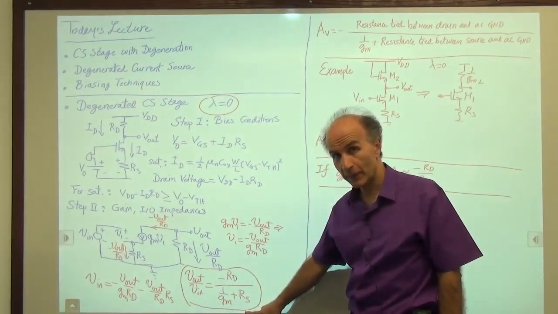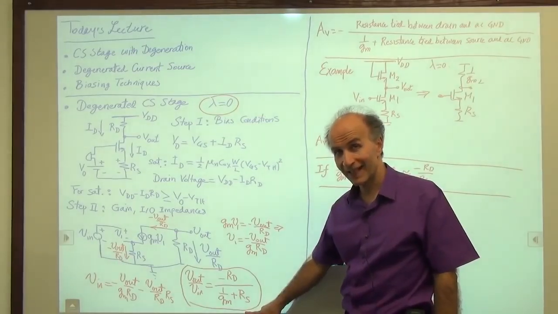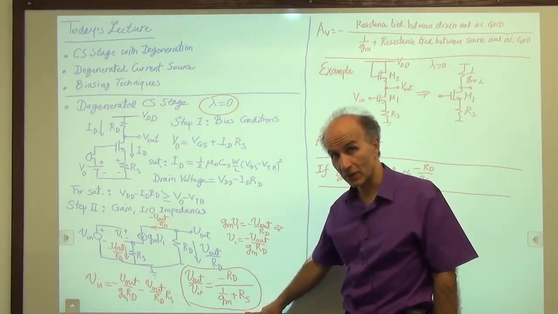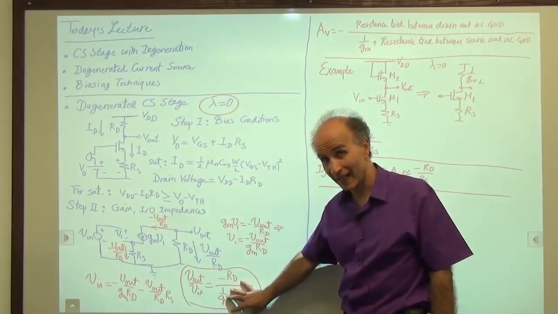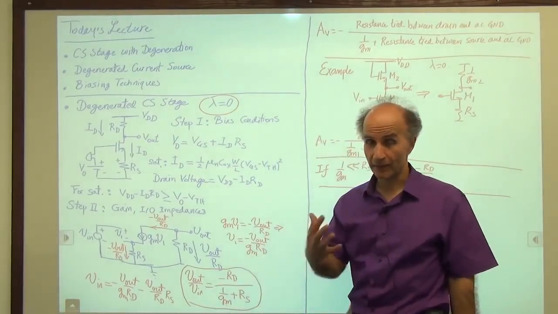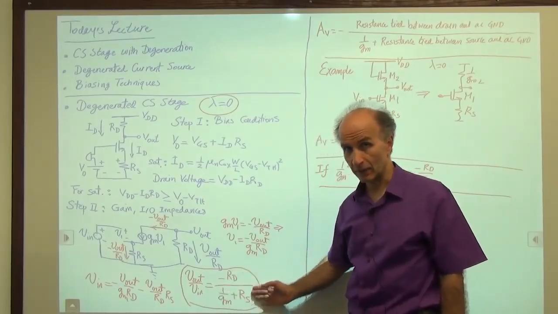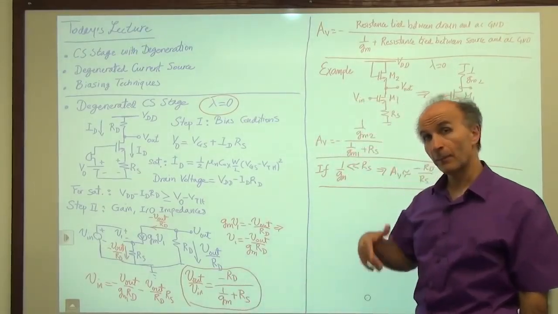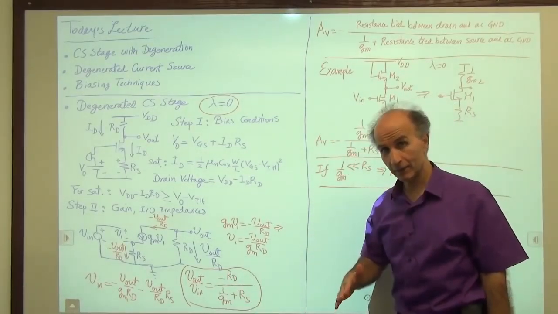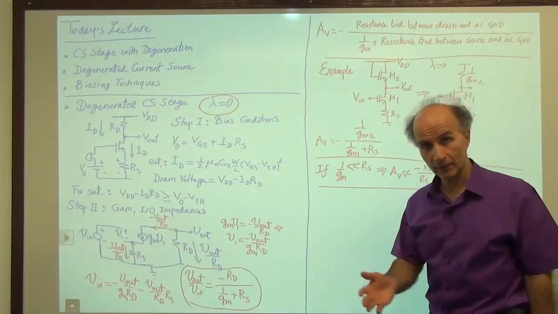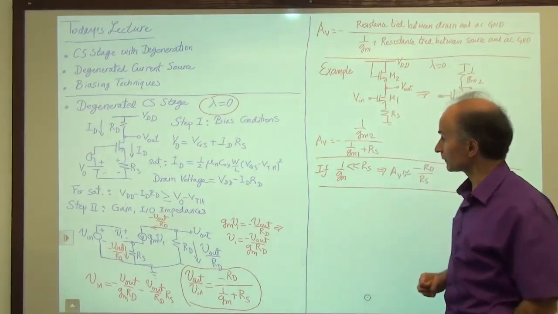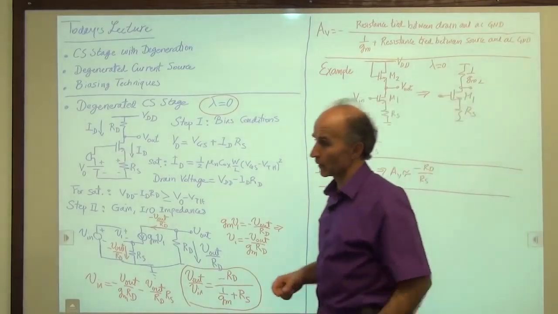So the price that we pay in making the circuit less sensitive to those variations is a reduced gain. That's a fact of life. That's a trade-off that the engineer has to make when designing the circuit. The gain will be lower, but the circuit will be less sensitive to process and temperature and supply and everything else.